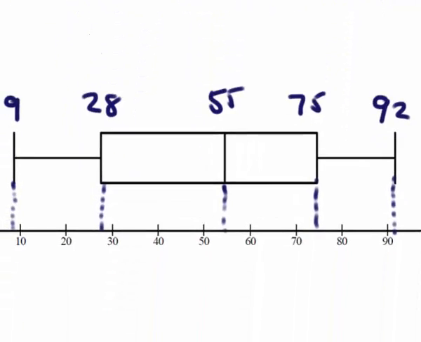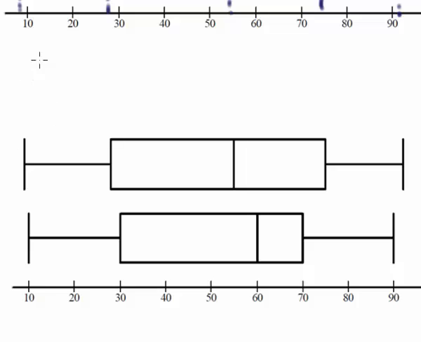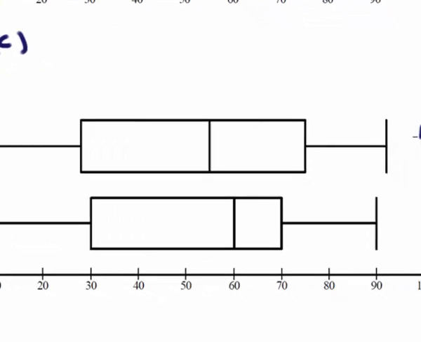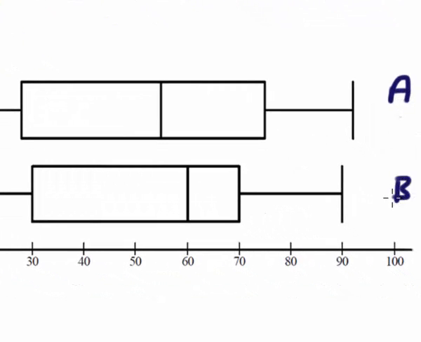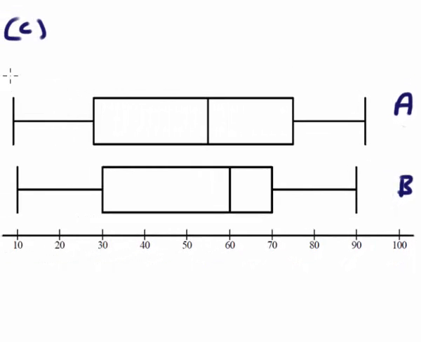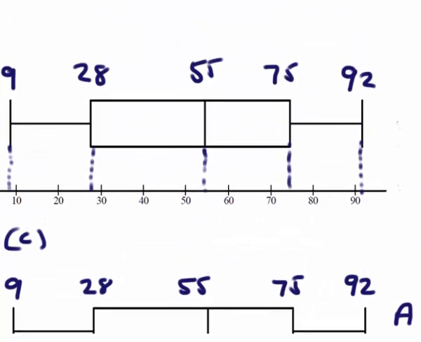Now, part C says compare the box and whiskers. Here's A and here's class B. Well, what do we know? Let's fill in for A: our minimum and our maximum, the lower quartile 28, 55 for the median, and 75 for your upper quartile there.